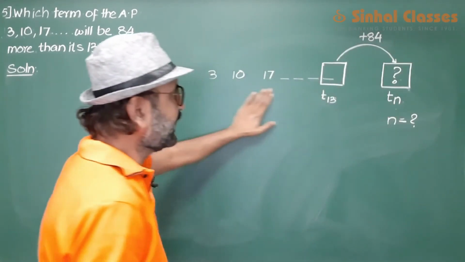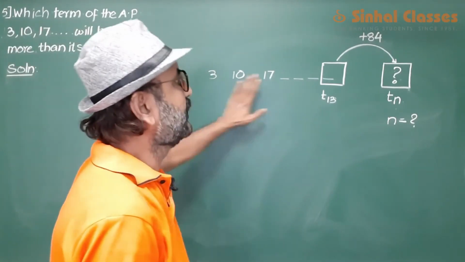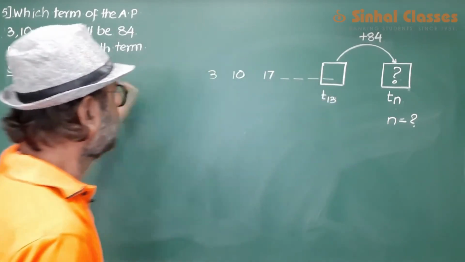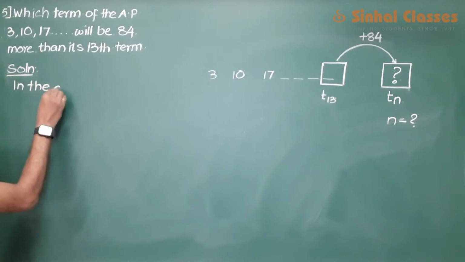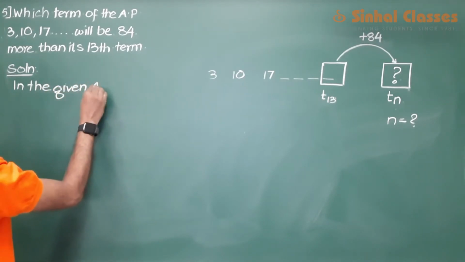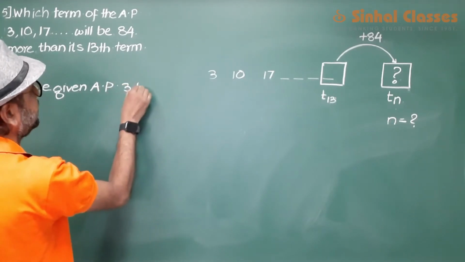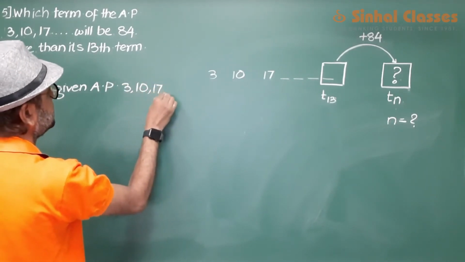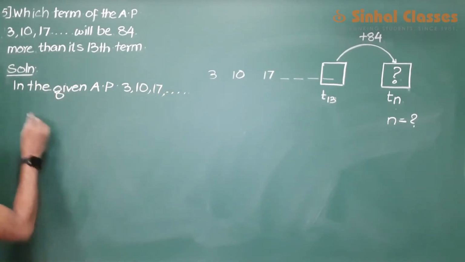So looking at the question, guys, what we'll do is we will try to find out the 13th term first from this AP. Now, in the given AP, 3, 10, 17, let us find out the 13th term first.